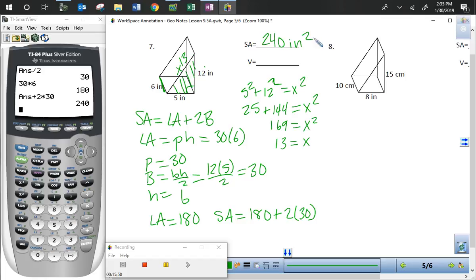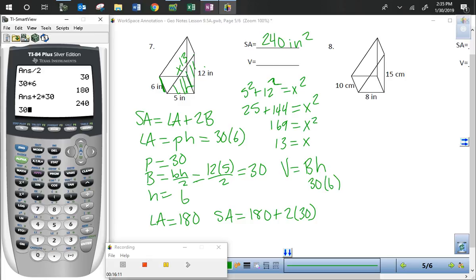Inches squared. Now remember, we had to work hard to get all of these pieces for the first part, but then volume should be pretty easy. Volume is equal to area of the base times the height. Area of the base was 30. Height was 6.